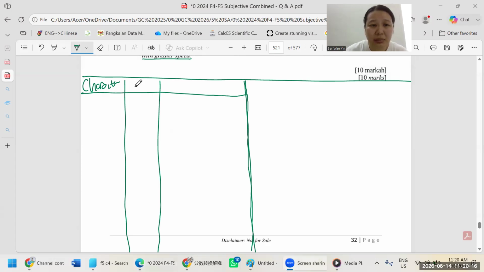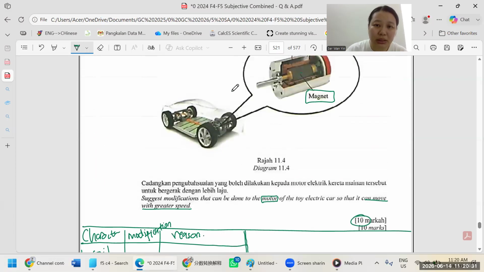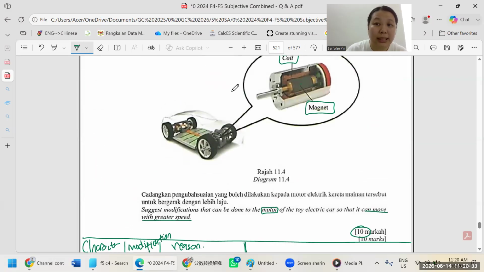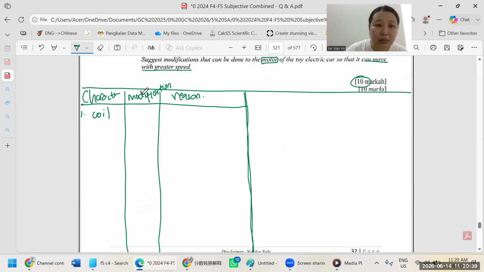Okay, like this is modification. This is reason. Number one is the coil. So how to get 10 marks? This question is also good in another way: you just modify the coil and magnet. So modification number one for coil: copper wire.